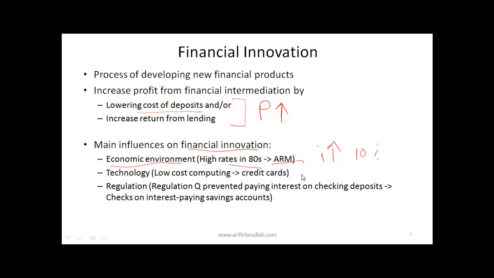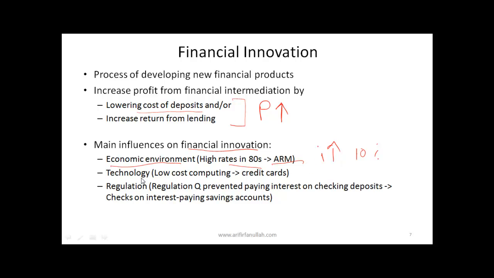So your rate will adjust. After this, it became very popular. So essentially it's like an adjustable or floating rate, but this innovation happened in the 80s in response to the economic environment, which was that interest rates are very high. So this is one example.